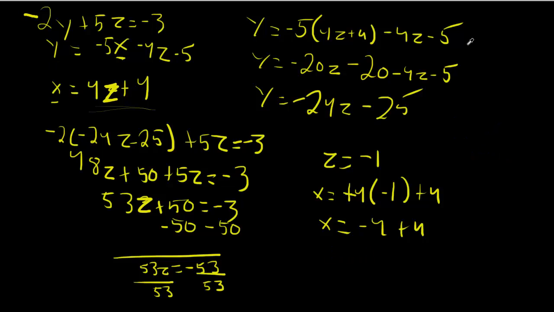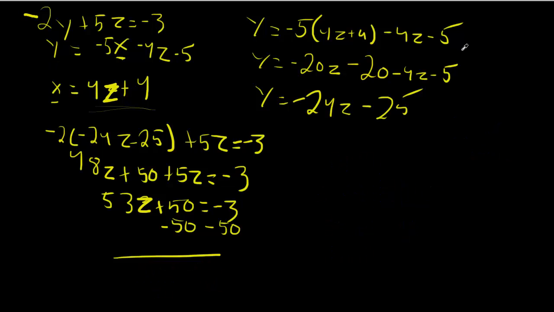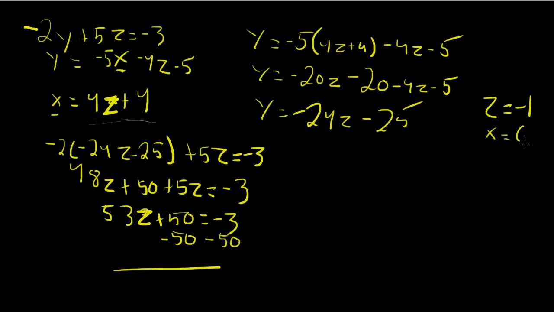So I'll remember that while I clear out a little space. Okay, so z equals negative 1, x equals 0. So right here, we're going to do negative 2y plus 5 multiplied by negative 1 equals negative 3.